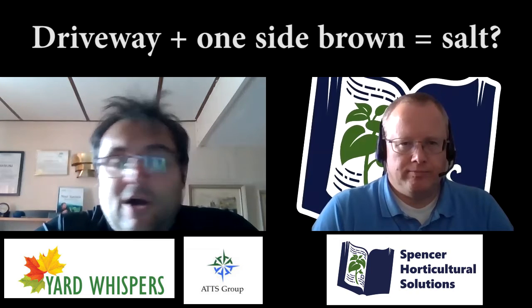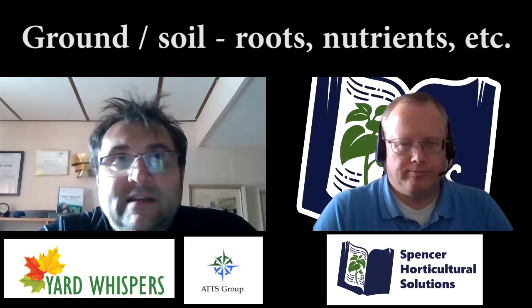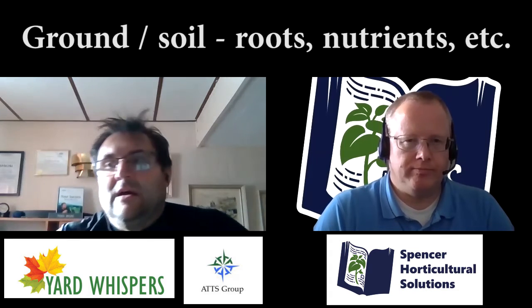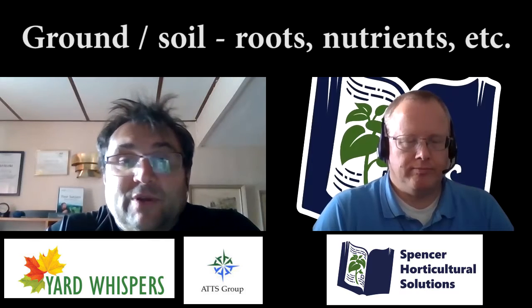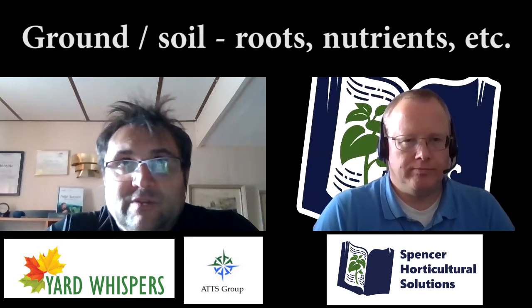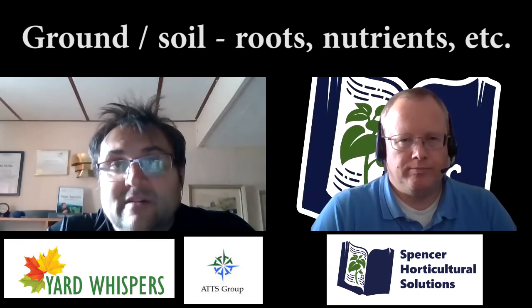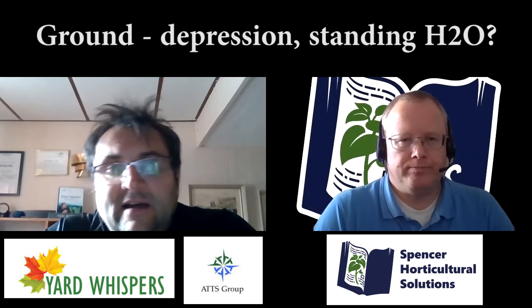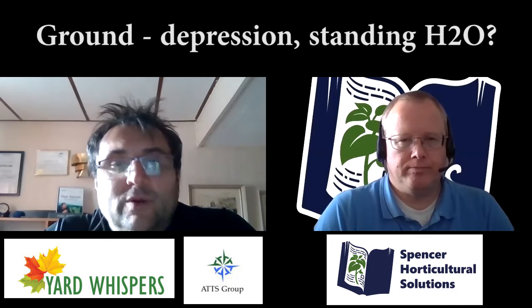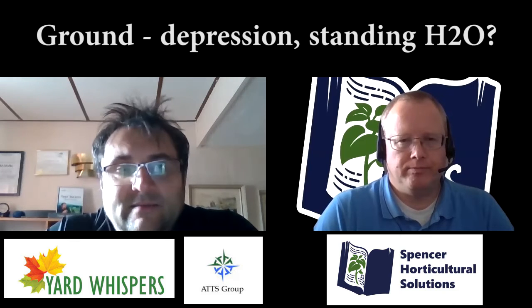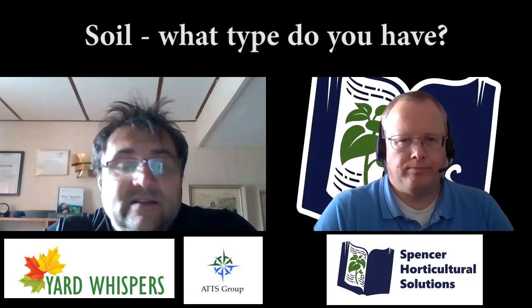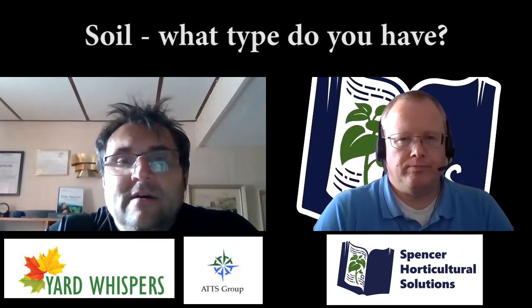The second thing, I look at the ground. If you see any yellowing or light yellow colors, which is tied to the roots and potential issues with the roots, either with oxygen or deficiency in the minerals, I look at the soil and the ground. Is there any depression the trees are in, where water could stand and stay longer? The third one I always ask is what type of soil they have.